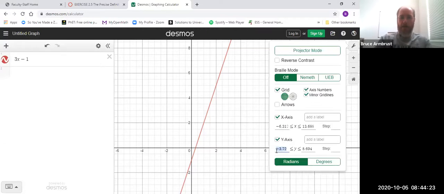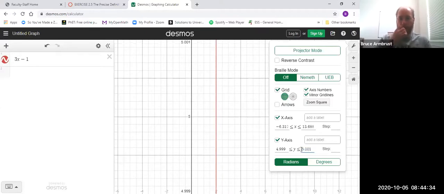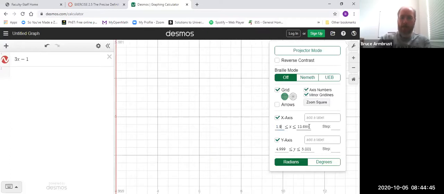I'm going to make the bounds on my y 4.999 and up to 5.001. Now I'm also going to change the x a bit because we want to be closer to 2. So let me just for right now make it 1.9 to 2.1.